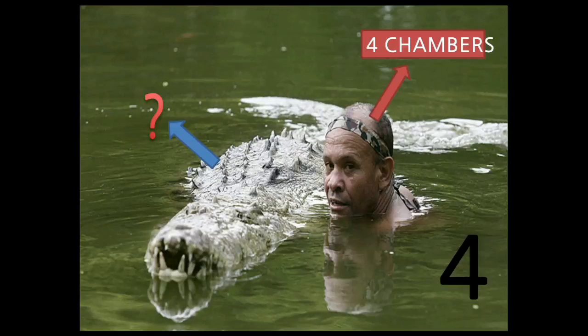Students, these are some exceptions. The heart of the crocodiles and the alligators is an exception, and they have a four chambered heart which is very comparable to mammals and to humans. So all the reptiles have a 3.5 chambered heart, but the crocodiles and alligators have a four chambered heart.